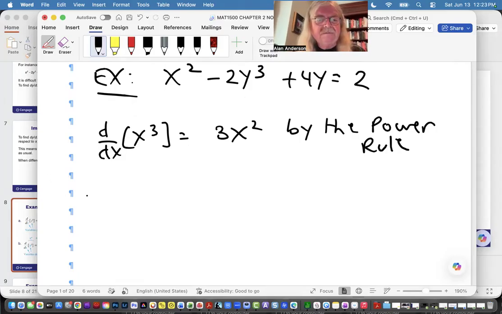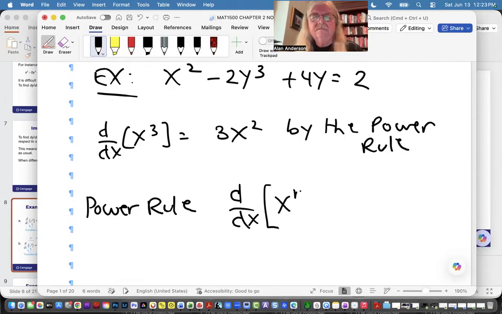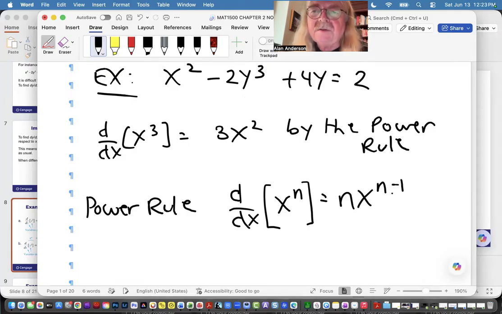The power rule is applied to simple cases like this one.